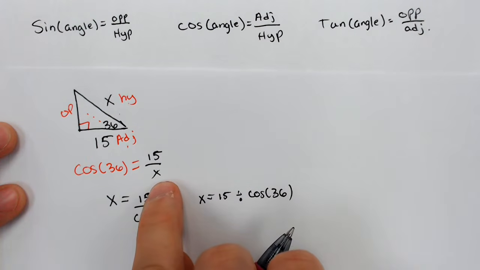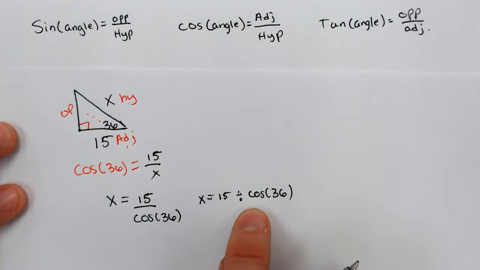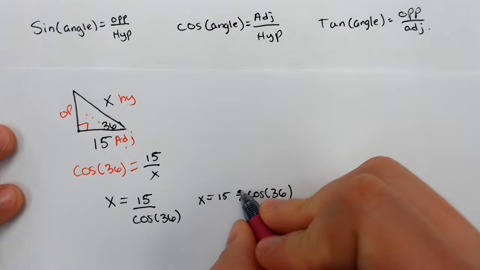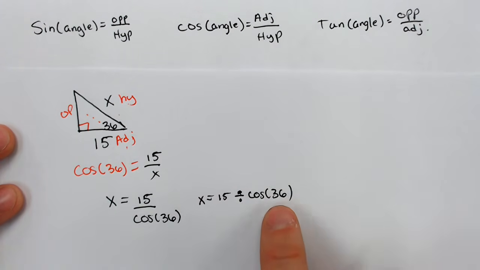So when the x is on the bottom, you end up dividing instead of multiplying. When the x was on the top, we just multiplied. When the x is on the bottom, you divide, but you're always multiplying or dividing by that function, cos 36, tan, whatever it happens to be. You're dividing by the cosine, the tan, or the sine, or multiplying by the cosine, the tan, or the sine.